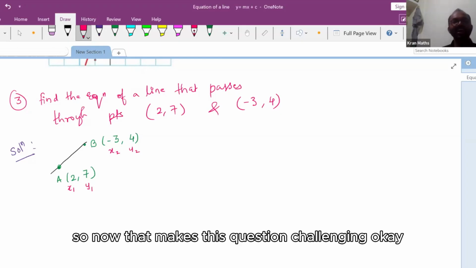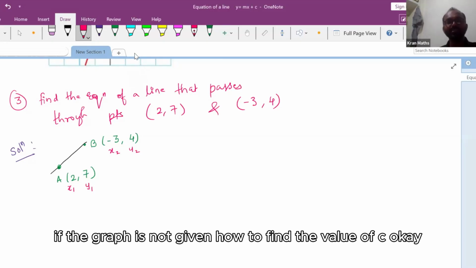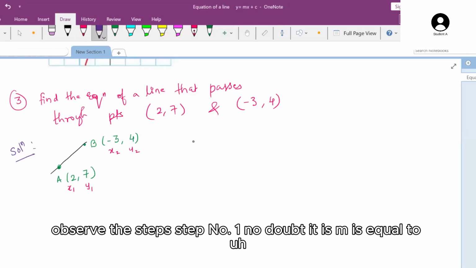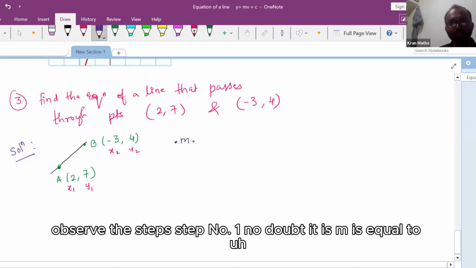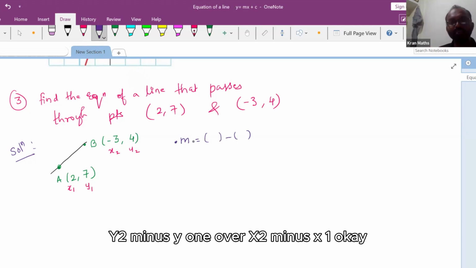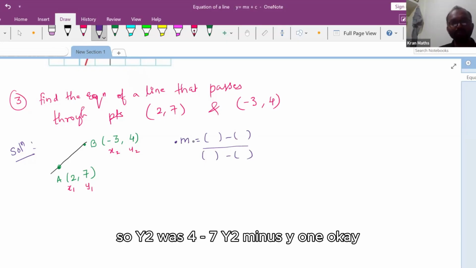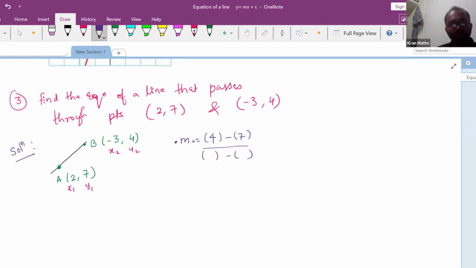Now that makes this question challenging. If the graph is not given, how to find the value of c? Observe the steps. Step number one, no doubt, m is equal to y2 minus y1 over x2 minus x1. So y2 was 4 minus 7, over x2 minus x1.